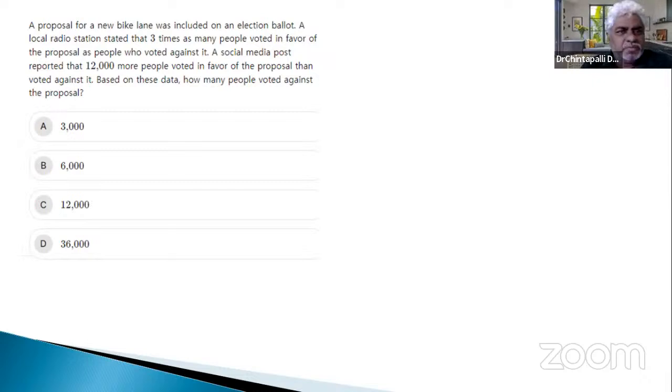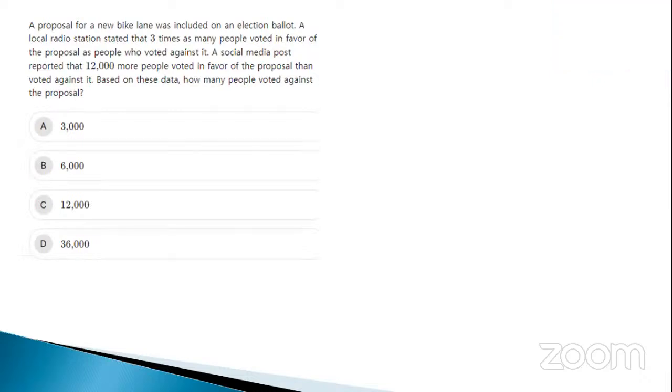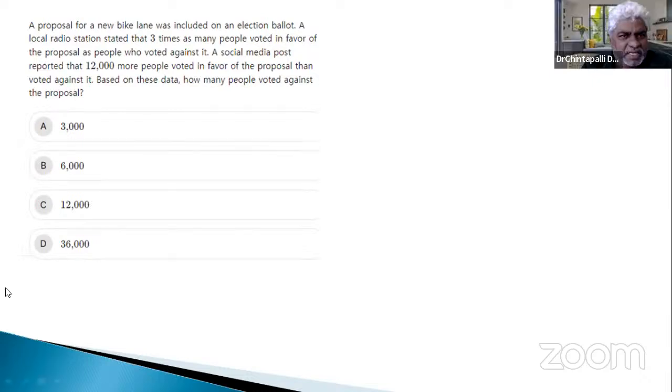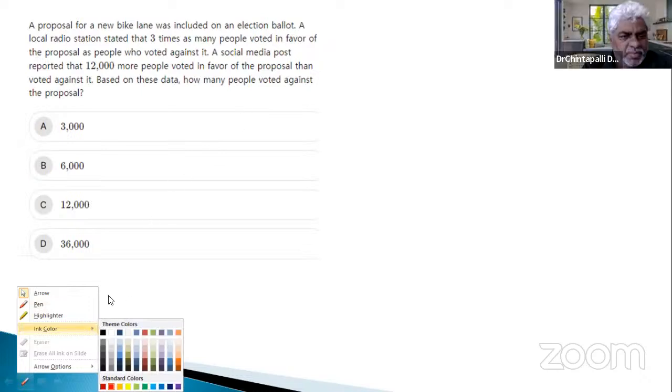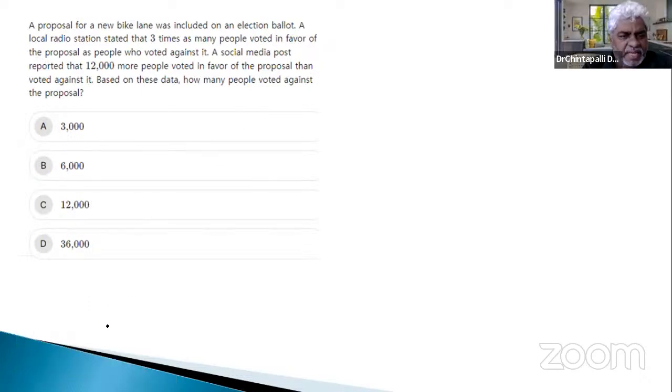Anyhow, a local radio station stated that 3 times as many people voted in favor of the proposal. Let the favor be x and against be y.